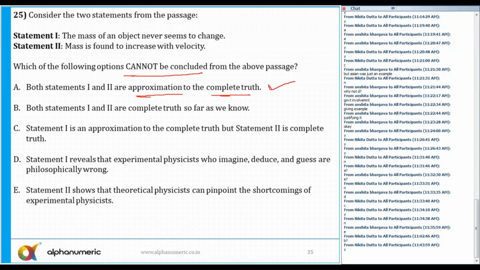Statements 1 and 2 are complete truths so far as we know. So far as we know means in our approximation, this is true. It cannot be concluded that statement 1 is an approximate to the complete truth, and statement 2 is a complete truth. Yes, we cannot conclude it.